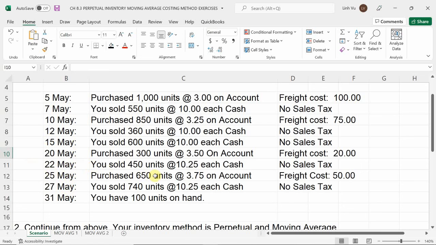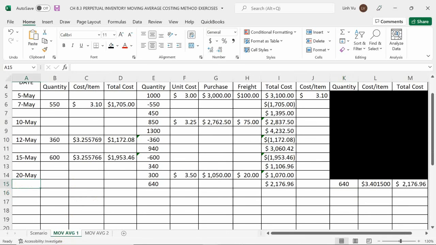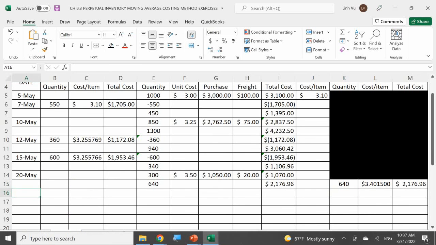On May 22nd, we end up selling 450 units. So right now, with my 450 units, what's my current average cost per item? 3.4015.